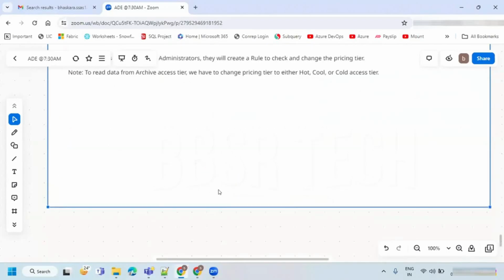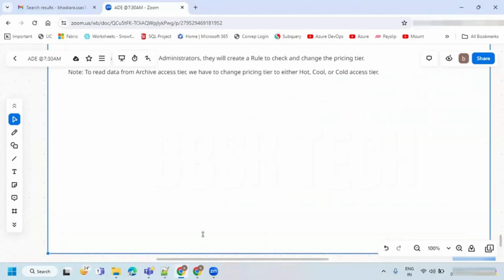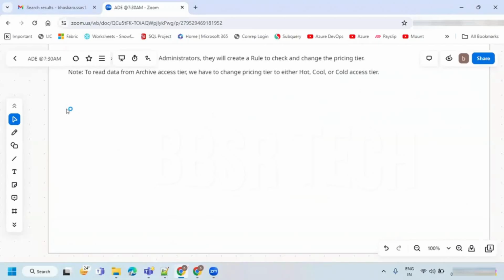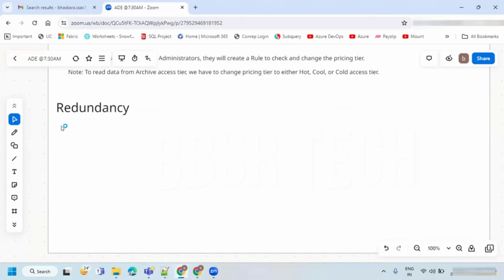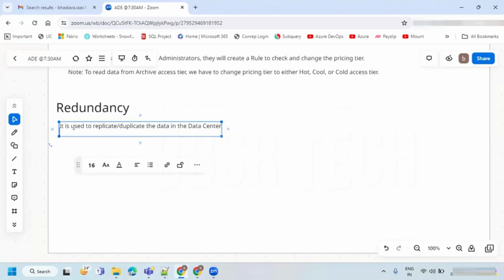When you go for redundancy, how exactly do we have redundancies? Redundancy is used to replicate or duplicate the data in the data centers. It is done in the data center.